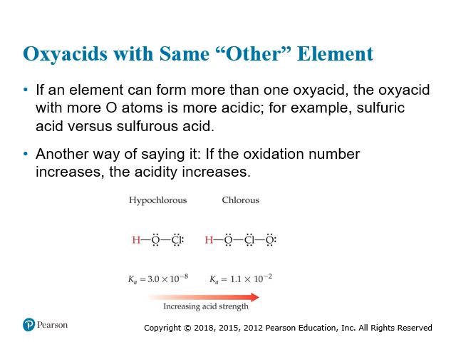Now we could continue in this sequence because there are two other oxyacids that typically form involving chlorine. We also have chloric acid, HClO3, which would be a stronger acid than chlorous. And then we have perchloric acid, HClO4.